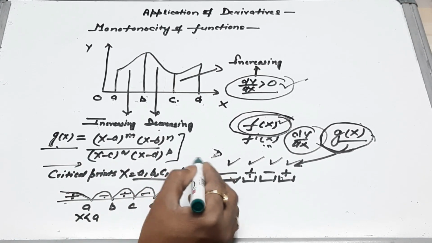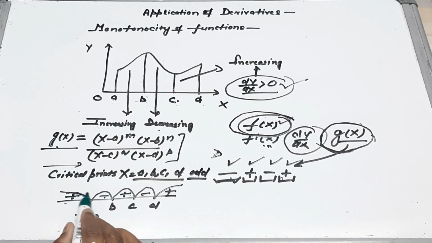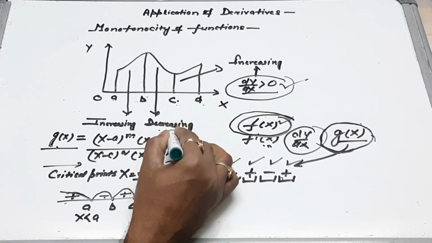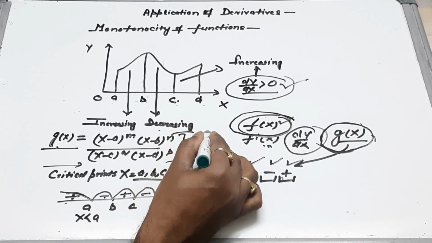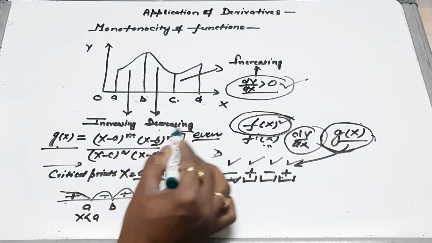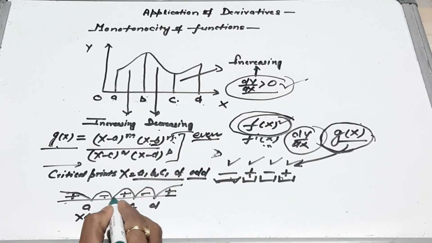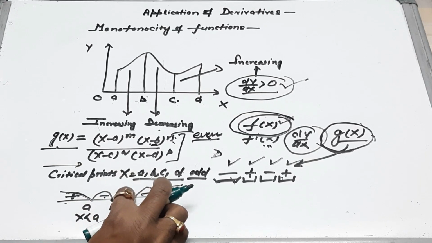Correct? If the powers are odd powers only, then this alternation of sign will be valid. Suppose n is even. Means what? For the critical point b, the power in (x minus b) power n is even. Means at this point there will be no sign alteration.